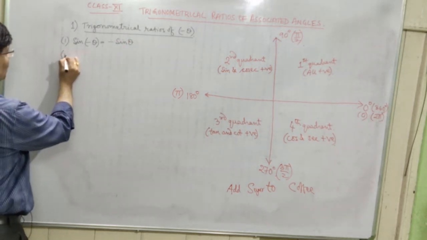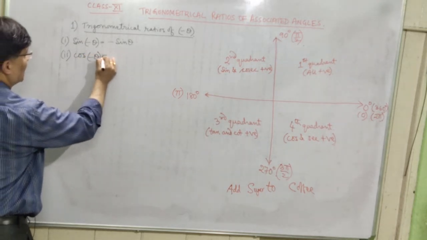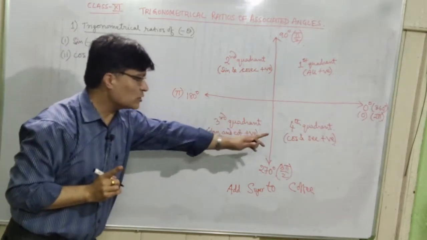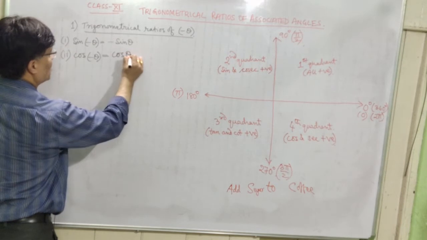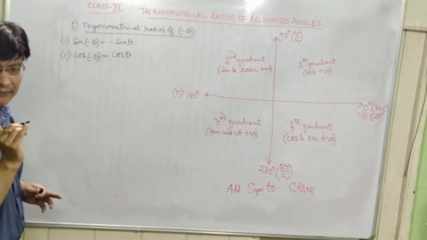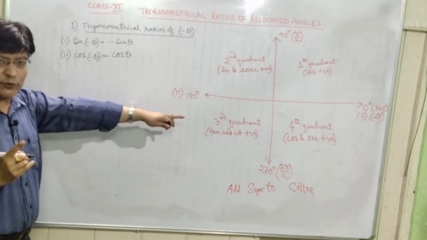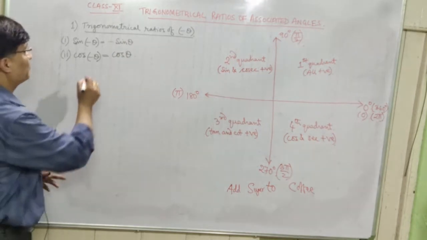So number 2, what about cos of minus theta? Minus theta lies in the fourth quadrant. In the fourth quadrant, cos is always positive. So cos of minus theta is always cos theta.